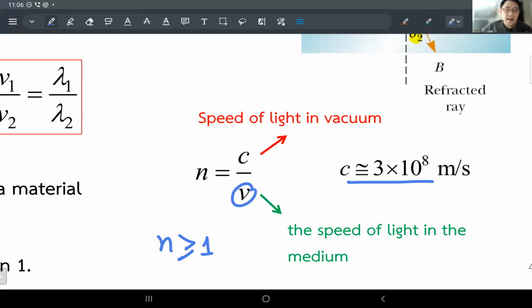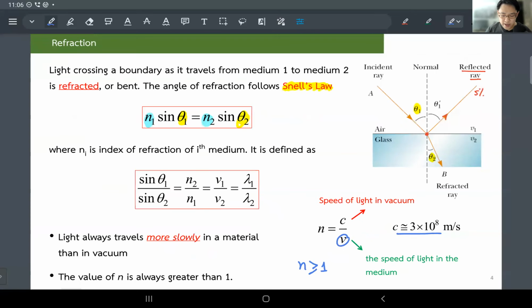Light traveling in water, diamond, or a silicon wafer, whatever, it's going to have a lower speed. So what you have is the n for that material. This n has a name, and this name is the index of refraction, or refractive index. There you go.